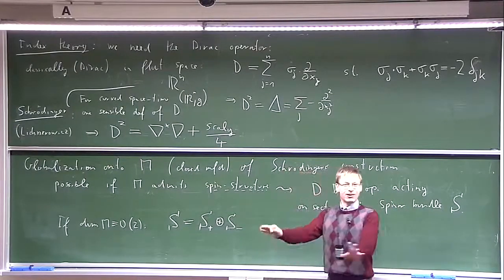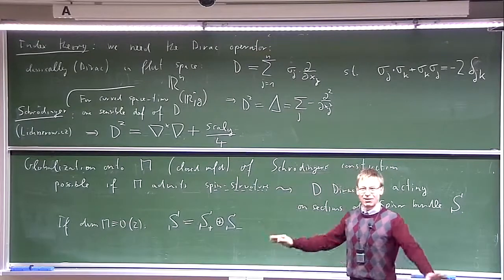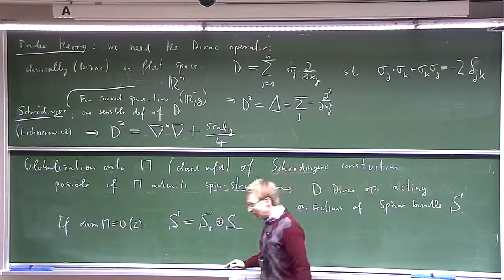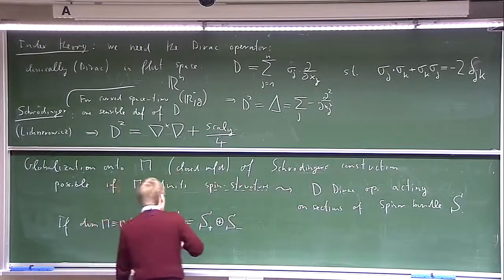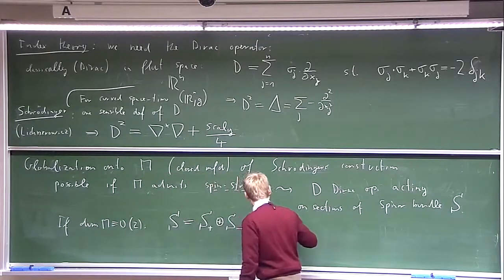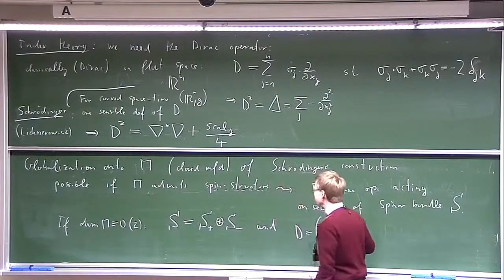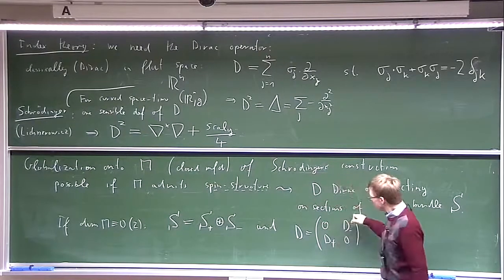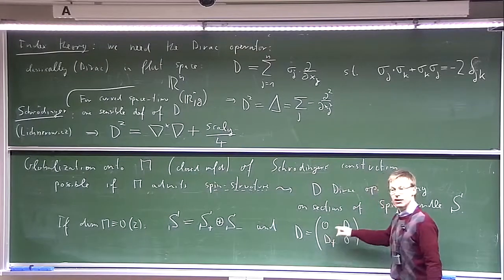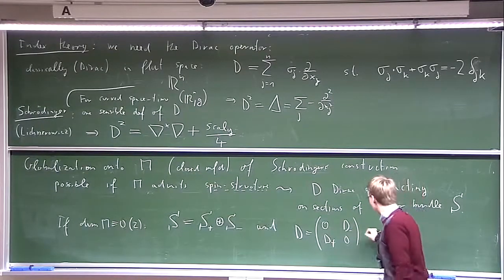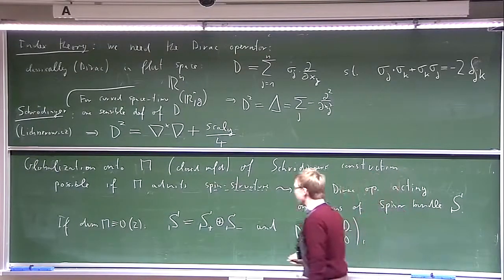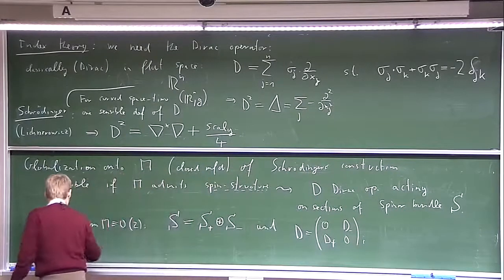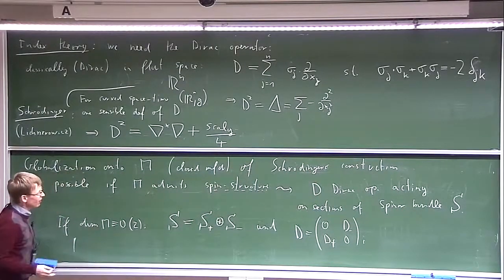I believe here in Kyoto you have just positive part throughout, and the negative part is 0. And the Dirac operator interchanges the sections of the positive part and the negative part. It's a self-adjoint operator, so these two things are adjoints of each other. Okay, so that's just a little bit of structure.